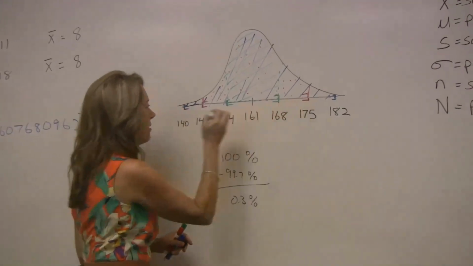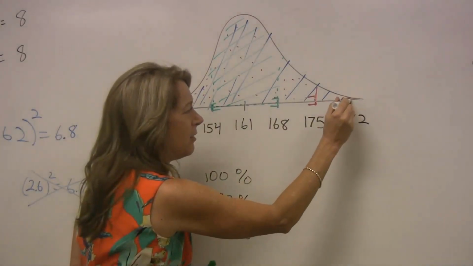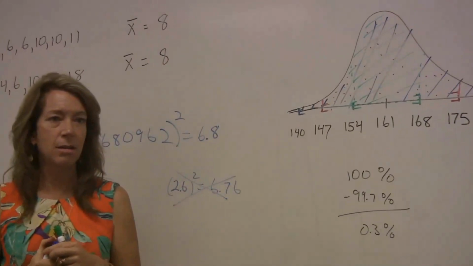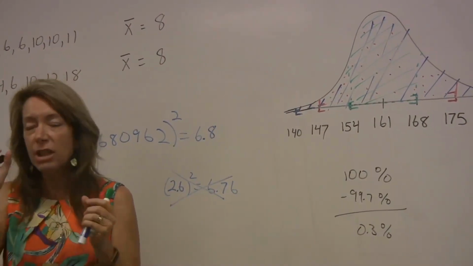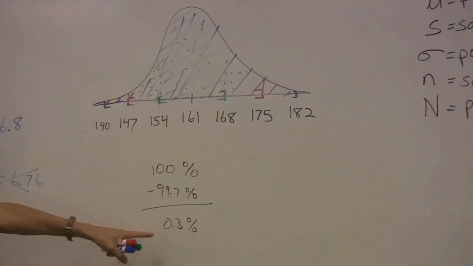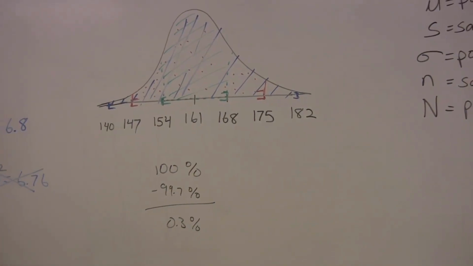These little, what we call tails, there's a little tiny sliver over here and a little tiny sliver over here that you can barely see. In there is 0.3%. A few women, just a few. It's like 3 out of every 1,000 women. 3 out of every 1,000 women are either that tall or that short.